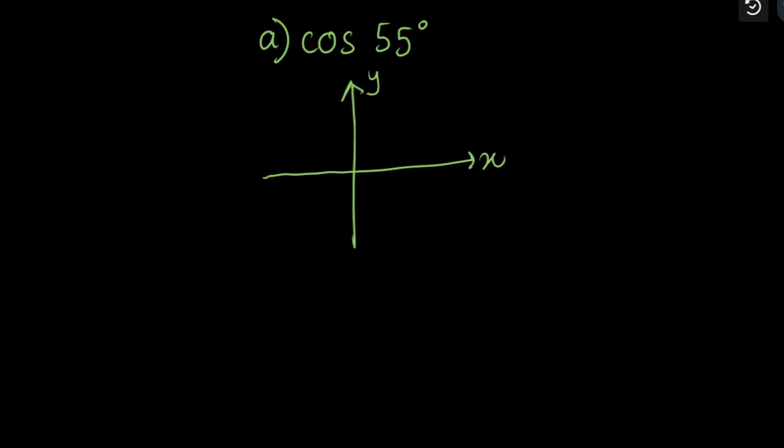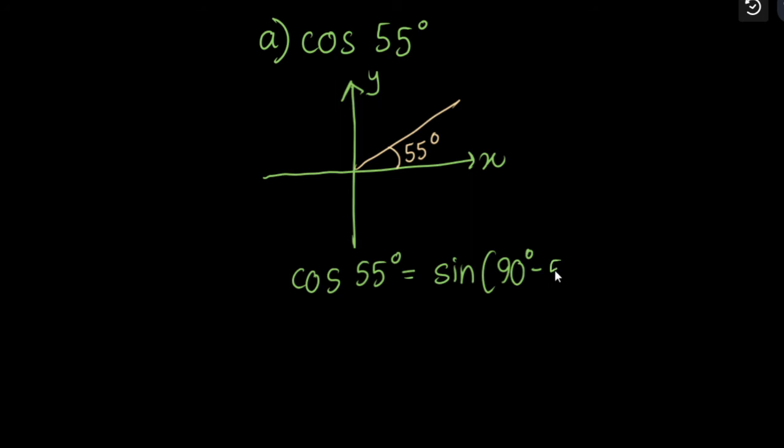So 55 degrees will be in the first quadrant. Now, since you already drew 55 degrees, who is cos's best friend? Cos's best friend is sine. So we change to sine of 90 minus 55, minus the theta.